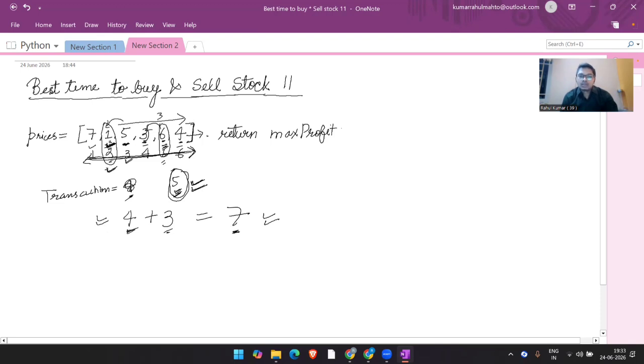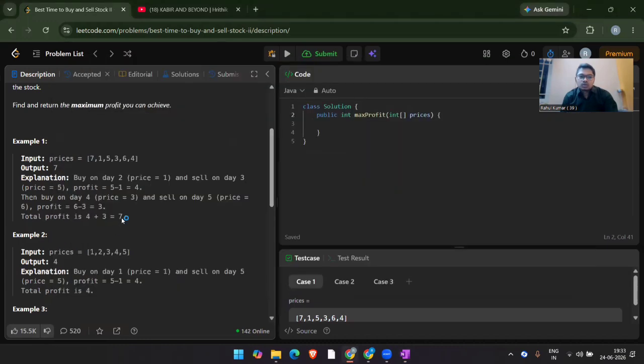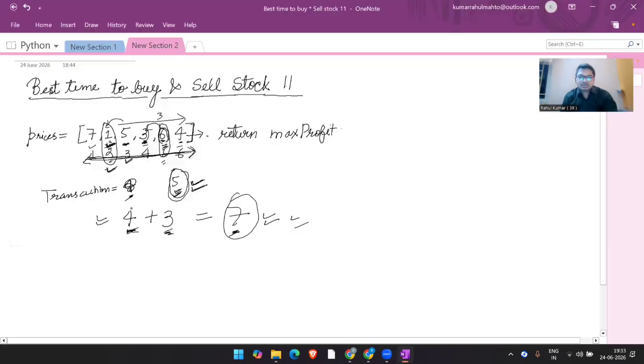Again, I will buy if the stock price goes down, and on the next day, if the price rises, I will again sell this stock. So overall, with the summation, I will get the profit of 7. So this will be the answer to this question. Here also you can see the output is 7.